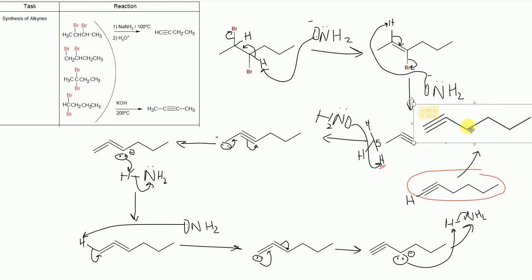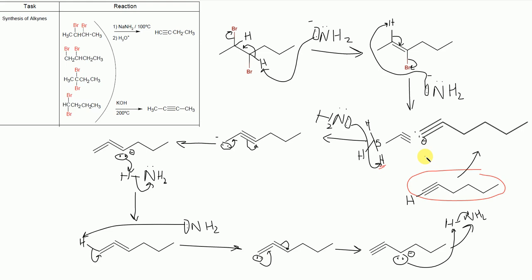So I'm just going to put this over this other one. The reaction is not going to stop, and I'm going to form the negative charge right here, right? So it's going to abstract this final proton immediately. Once it reaches this position, it's still strong enough to abstract it. So now I'm going to form this negative charge, and because I formed that negative charge there, I prevent it from going backwards. So I can no longer go backwards.